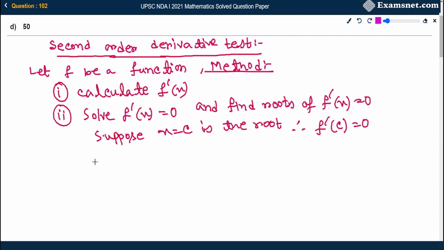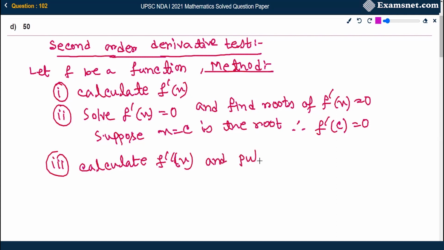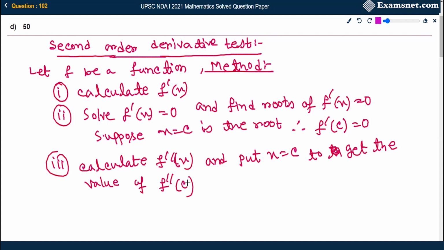Next, third, calculate f double dash x, the second order derivative of f of x, and put x equals c to get the value of f double dash c.